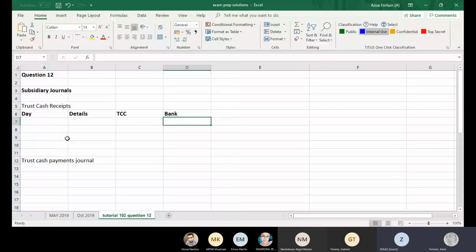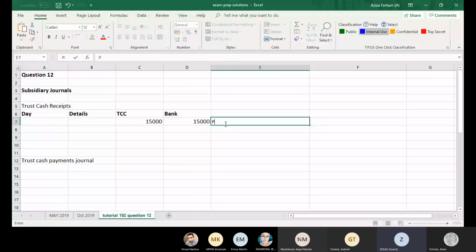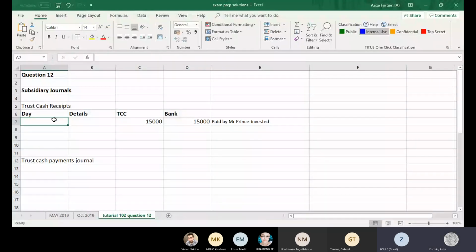I can try, Aziza. I would say the amount of 15,000, which is paid by Mr. Prince. That amount must be invested to the South African bank savings account, which will be the amount paid. Okay, and what will the details be?